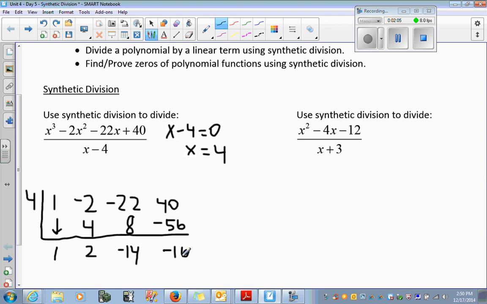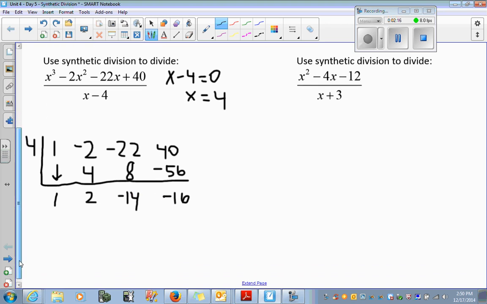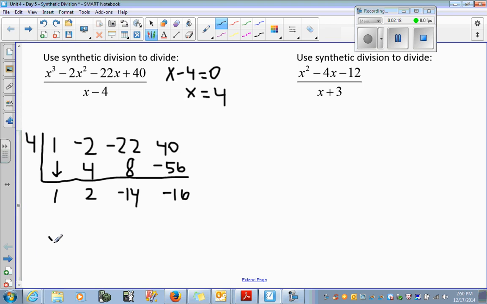So our answer to this particular polynomial equation is going to be x squared plus 2x minus 14 with a remainder of negative 16, and this is how we would write it. We would write it as x squared plus 2x minus 14, and then with our remainder, we would write it this way.